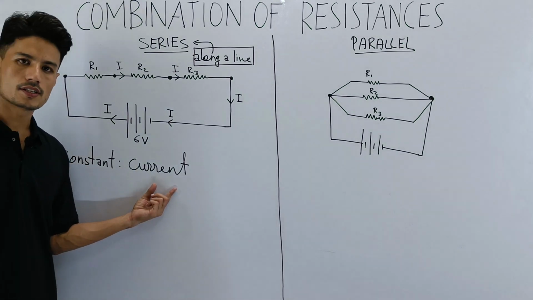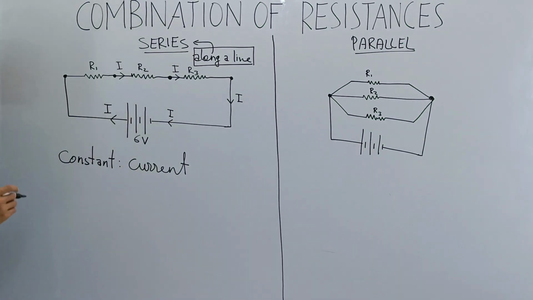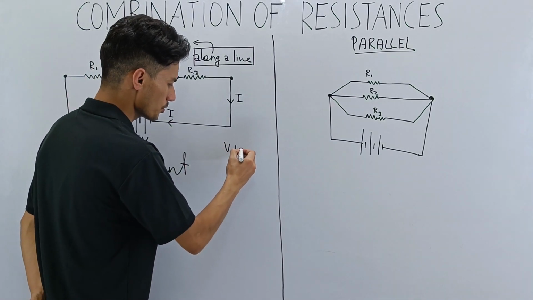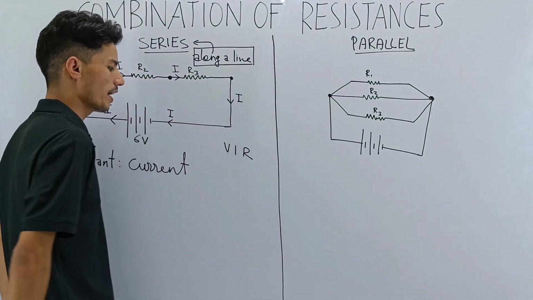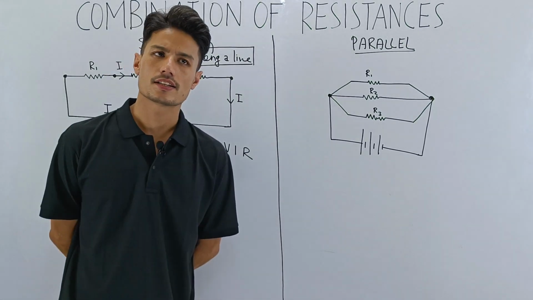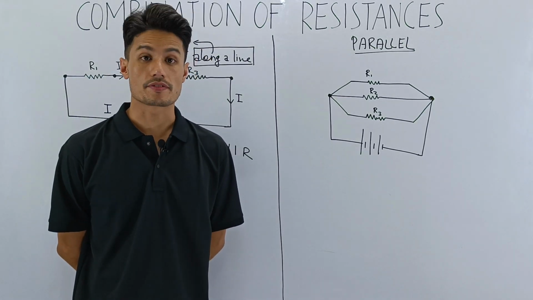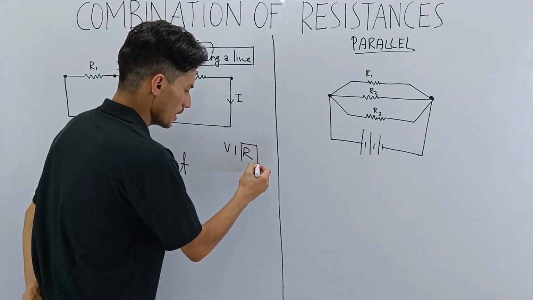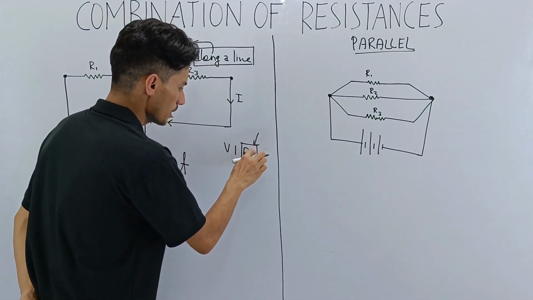Remember this. Alright, now to make it easier for you, we are discussing these three quantities only. V, I, R. Take R out of the discussion because he is already here.